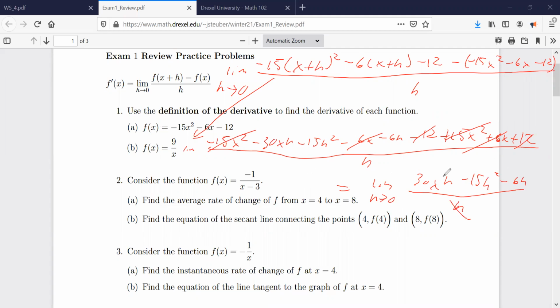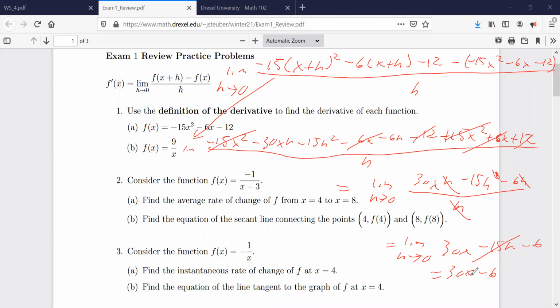So I can cancel these h's too now. And I get the limit as h goes to 0 of 30x minus 15h minus 6. What happens as h goes to 0? 30x minus 6. Exactly. This guy disappears, and we're just left with 30x minus 6.